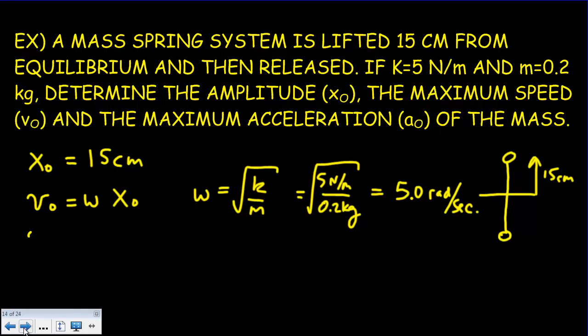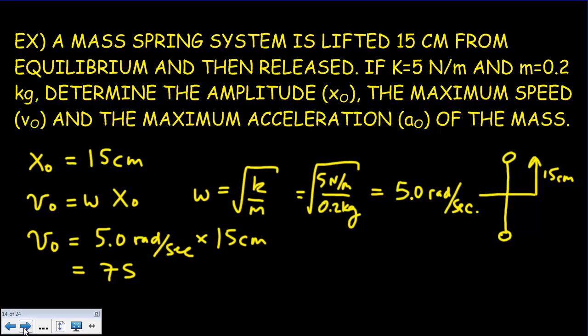So now we can get that maximum speed. It's going to equal 5.0 rad per second times 15 centimeters, giving 75 centimeters per second. And now let's get the maximum acceleration. That'll be omega squared times the amplitude. So that'll be 5.0. Now remember that radians are really dimensionless.